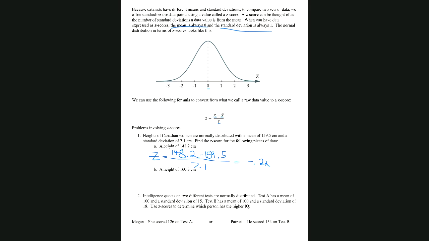Wait a minute, let's see. I think I may have gotten my calculator mixed up. Okay, let's see, 148.2 minus 159.5 divided by 7.1.